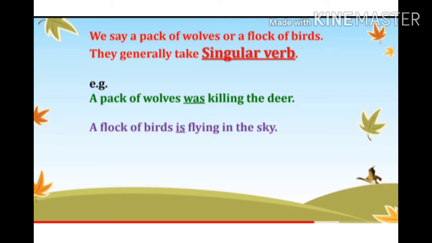Let us take another example. If we are talking about a flock of birds, so that means we want to talk about a group of birds together. So we will say a flock of birds is flying in the sky. Here again, we are considering it as one group. So we are going to use a singular verb with it.